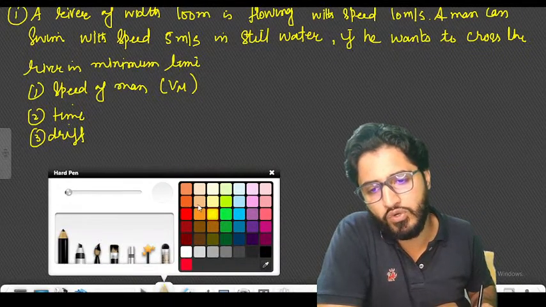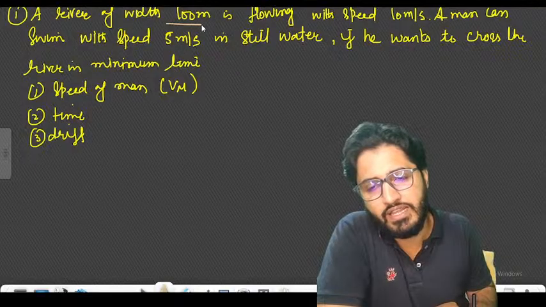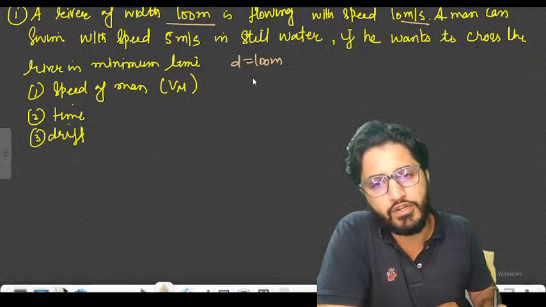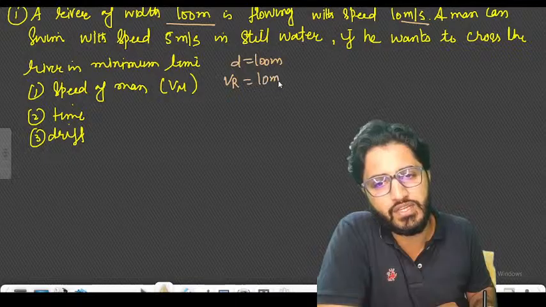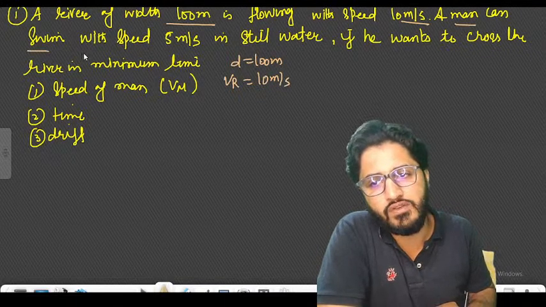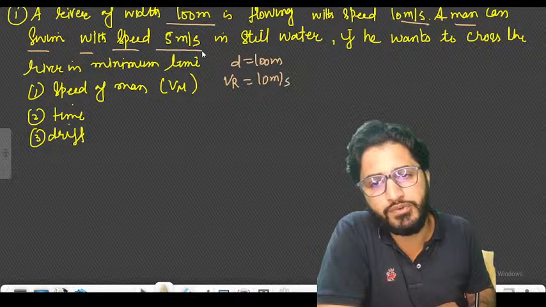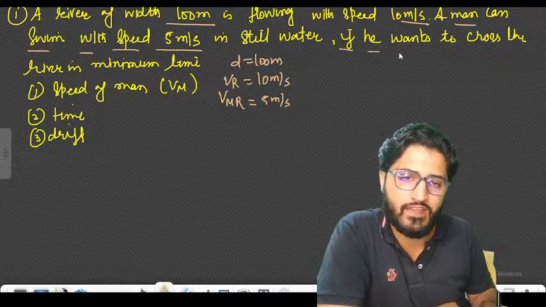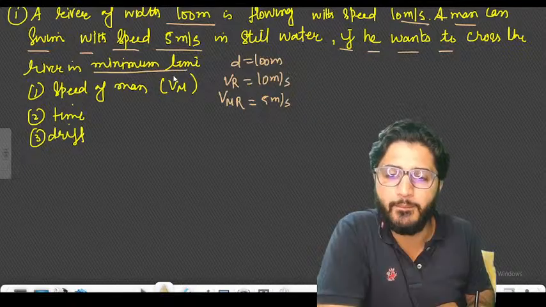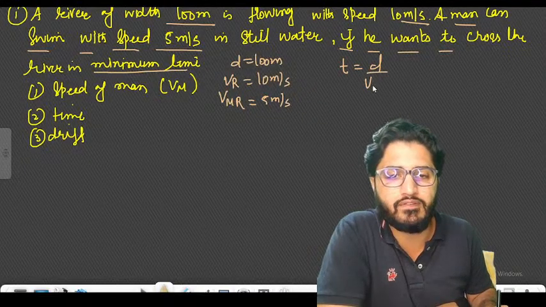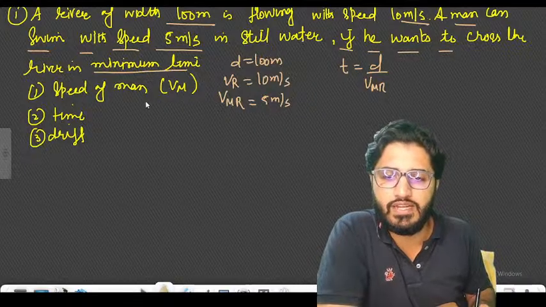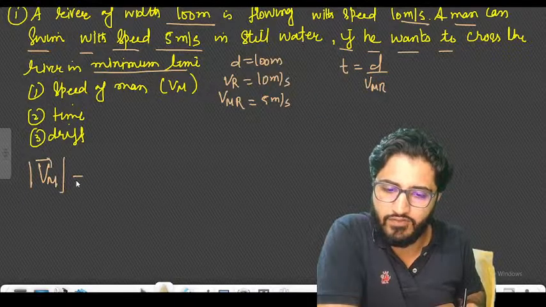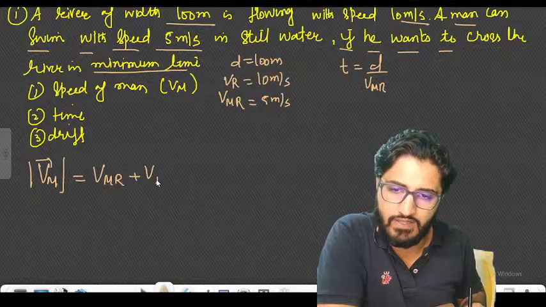So first thing we need to note down: a river of width 100 meter, that means d is given as 100 meter. It is flowing with speed, so VR is given to us as 10 meters per second. A man can swim with speed 5 meter per second in still water, that is VMR given as 5 meter per second. If he wants to cross the river in minimum time, T equals D divided by VMR. Then speed of man: Vm will be VMR plus VR.